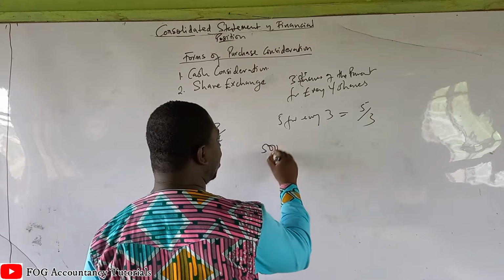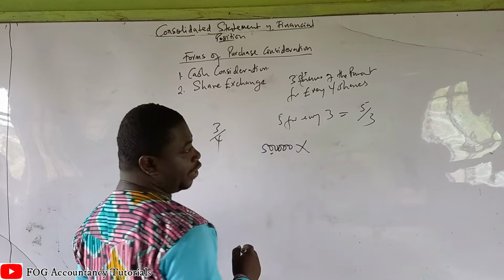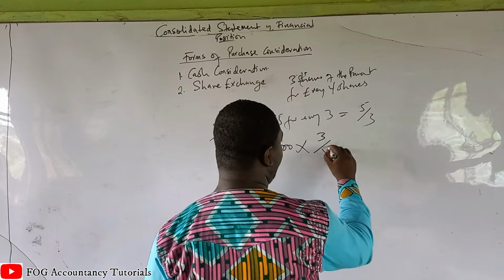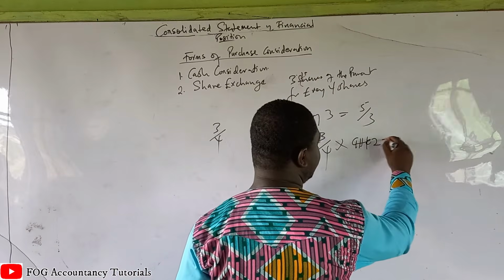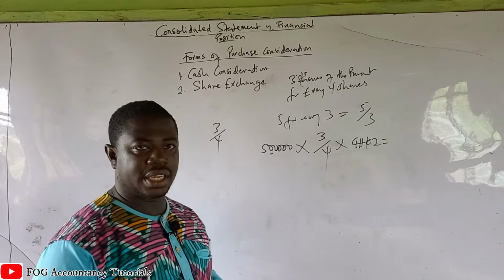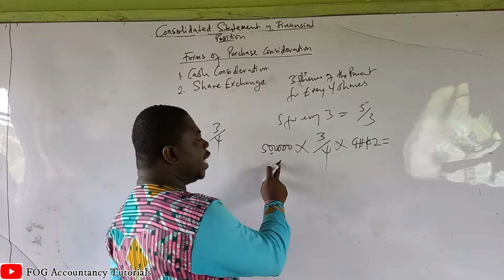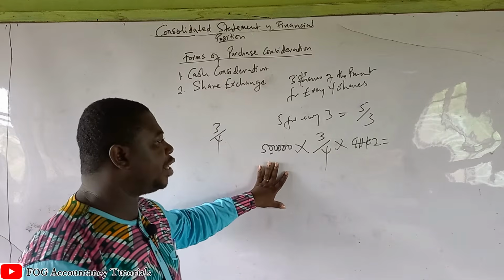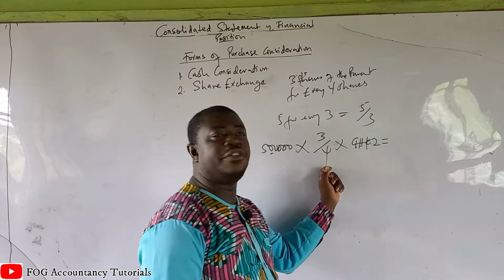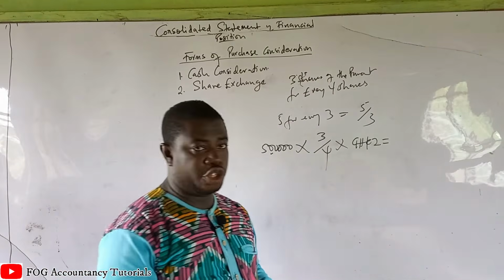So it will be 50,000 shares that you are buying times 3 over 4 times the value of the share, if it's 2 cedis. Then you have the final answer. So this is how mathematically it should be represented.